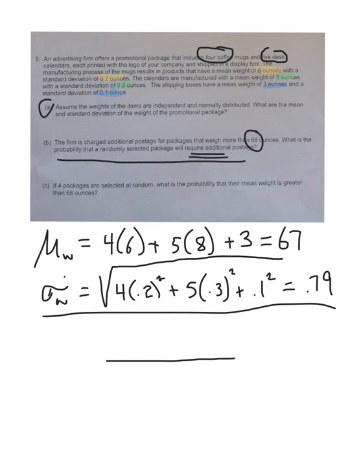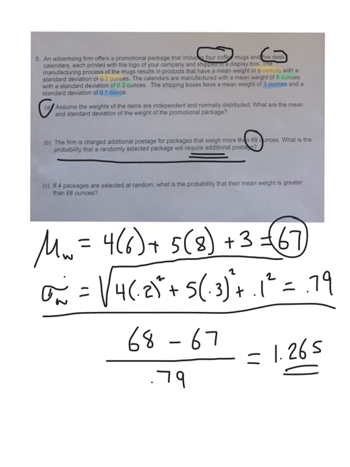So it's the number we're interested in, that's the 68, minus the number that we expect, which is 67, right there. And we're going to divide that by our new standard deviation, which is 0.79. So the answer we get is 1.265. What do we do with that?